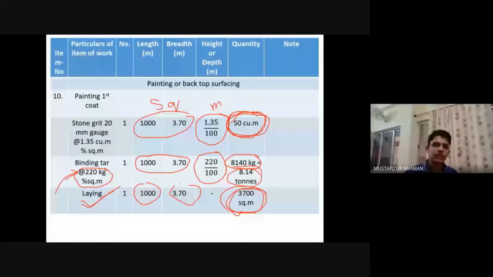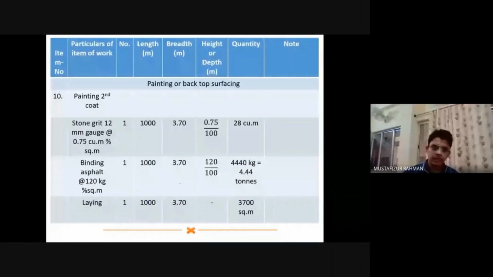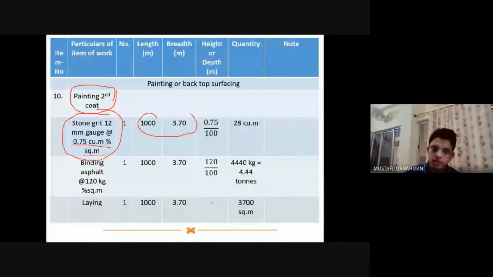Then finally, we have another coat, the second coat. In the second coat, it is mentioned that we are using 12 gauze at the rate of 0.75 cubic meter per 100 square meter. That means we will again have to find out the area of the road surface, which is exactly the same, 1000 multiplied by 3.7, and then this value 0.75 divided by 100.